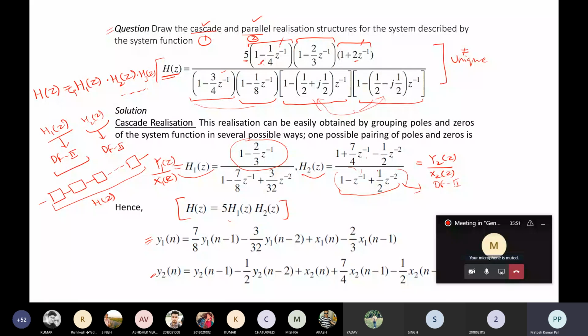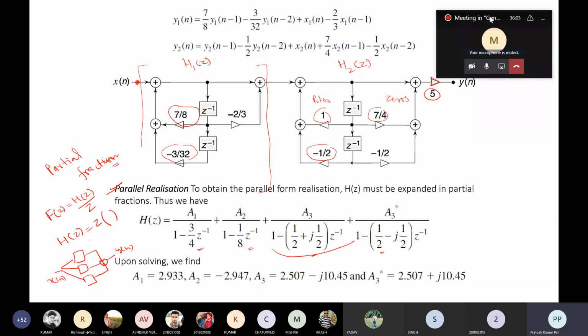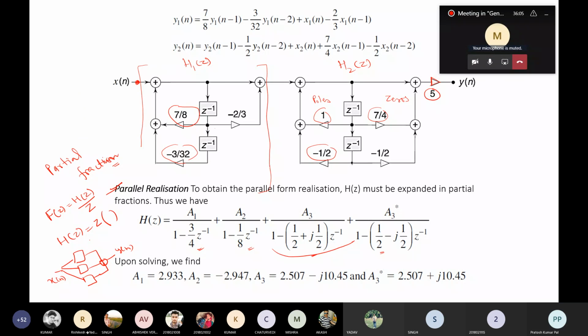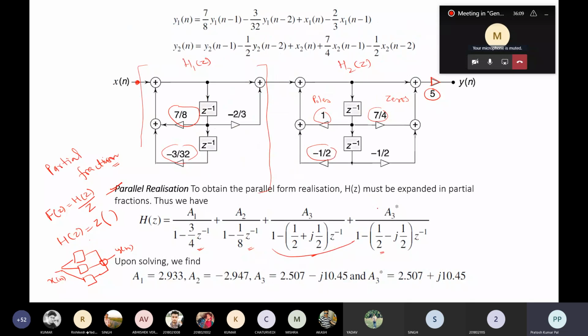So we can do whichever way you like. The final motive is to find out the partial fraction. After finding the partial fraction, we will be proceeding with the coefficient finding. So these coefficients can be found.